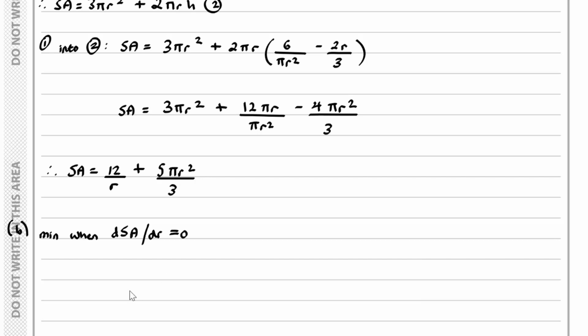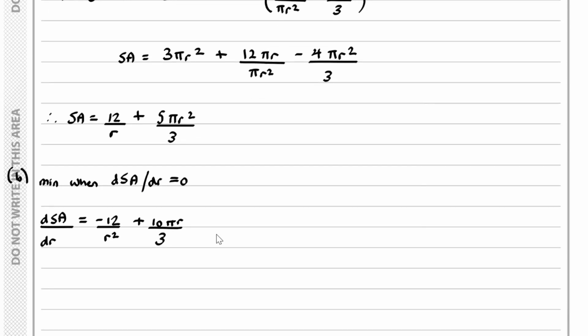So first of all, dSA over dr is equal to minus 12 over r squared plus 10 pi r over 3. Remember pi is just a number.